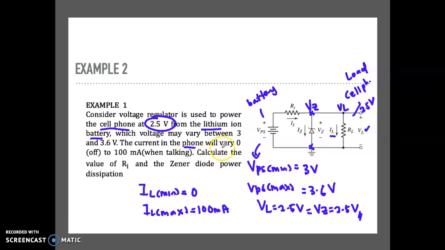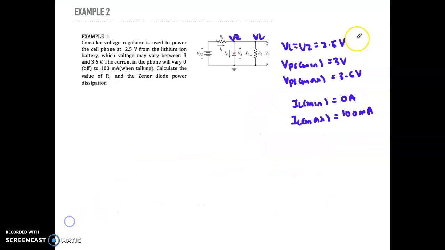So what does the question want? The question wants you to find the value of Ri and the value of PZ. After you have defined all the variables with the correct values, you need to have the KVL equation. As we derived before, it will be the same equation: minus VPS plus Ri times I total plus VZ equal to 0.